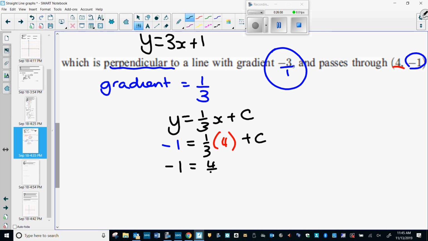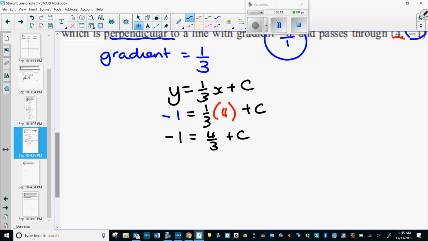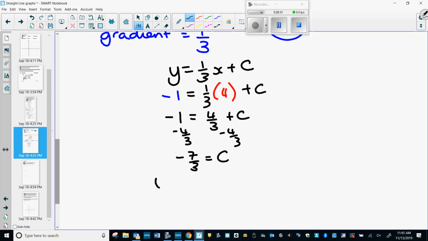So negative 1 equals 4/3 plus c, and then you take away 4/3 from both sides. Negative 1 take away 4/3 is negative 7/3. So negative 7/3 equals c. And then y equals 1/3 x plus, careful, minus 7/3. Beautiful, people.